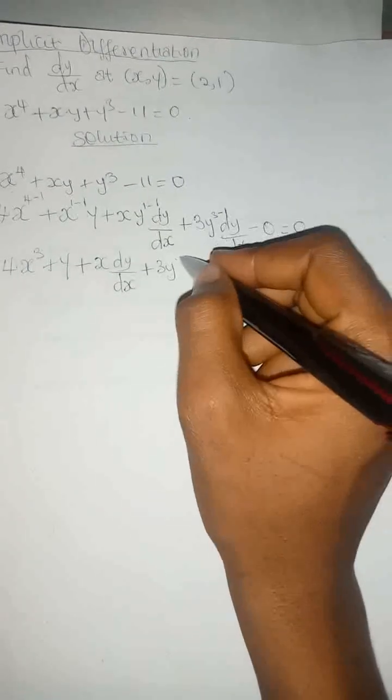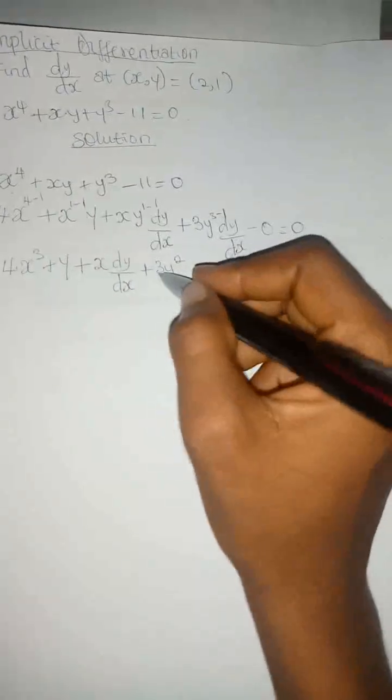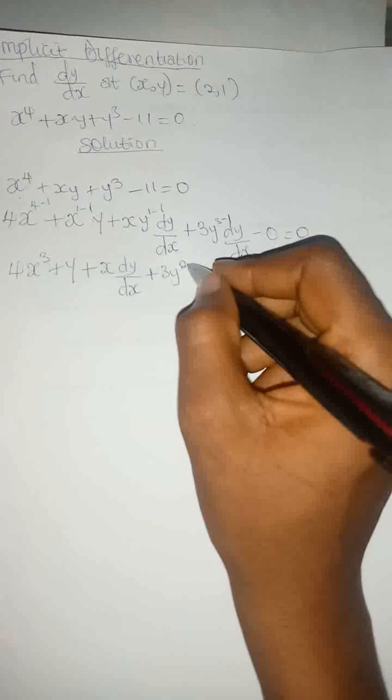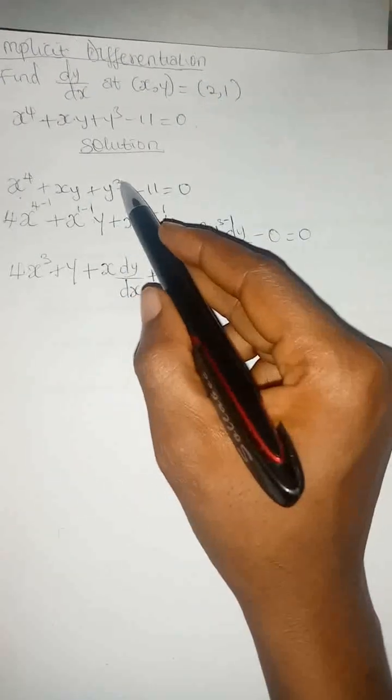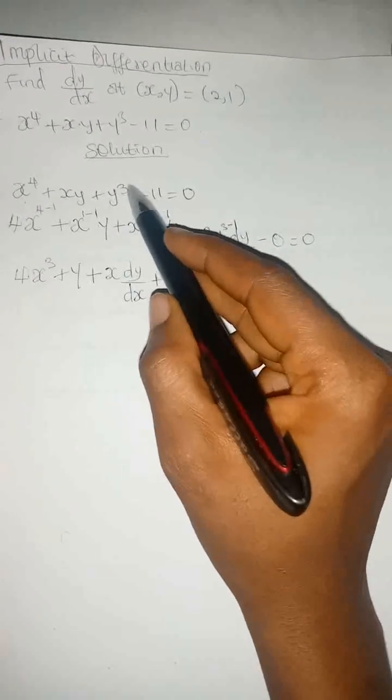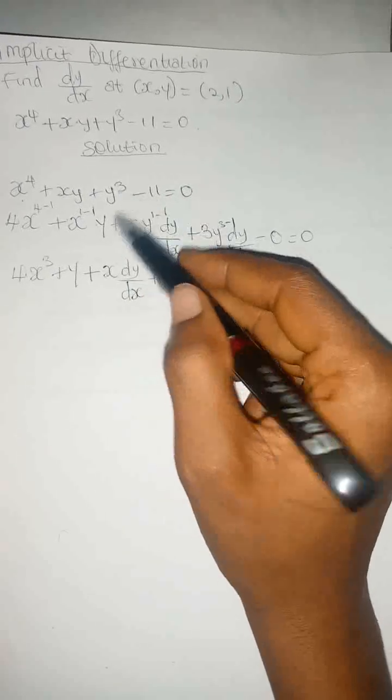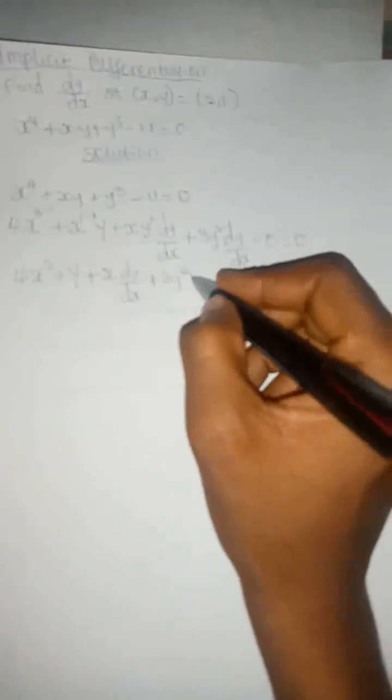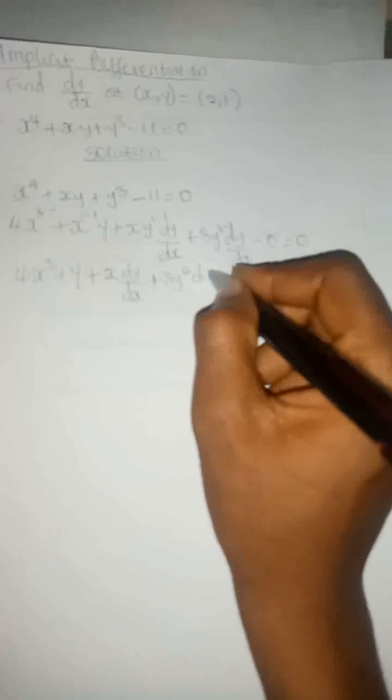So 3 minus 1 will give us 2. So 3y raised to the power of 2, because we are differentiating y raised to the power of 3. Remember, we have to subtract 1 from the power. So we have this dy over dx equal to what?